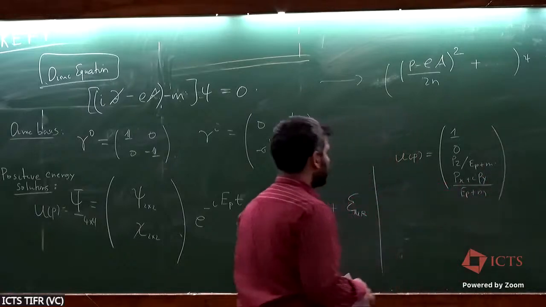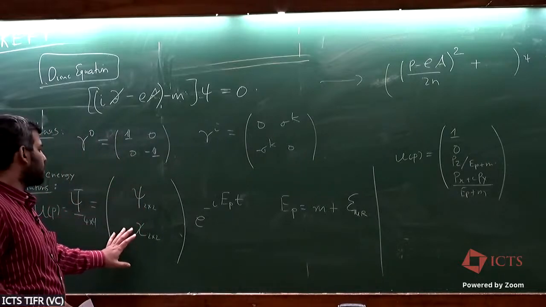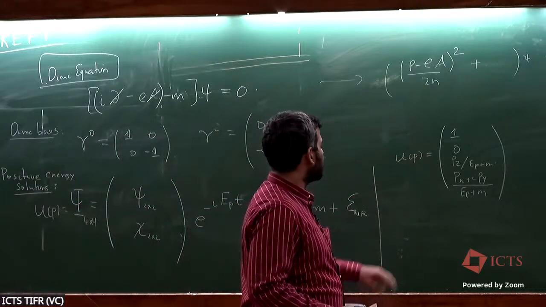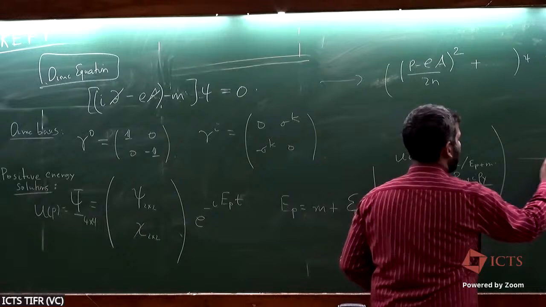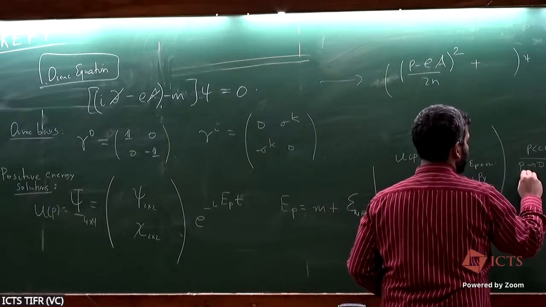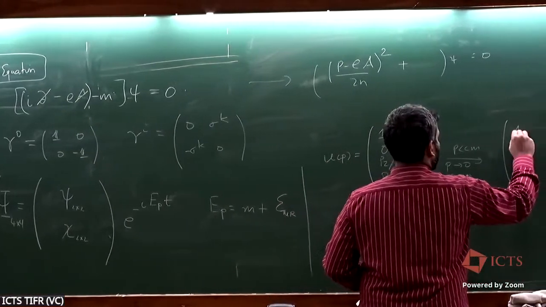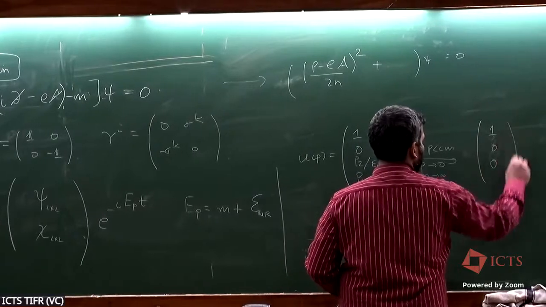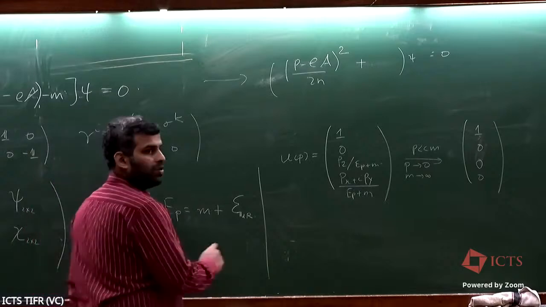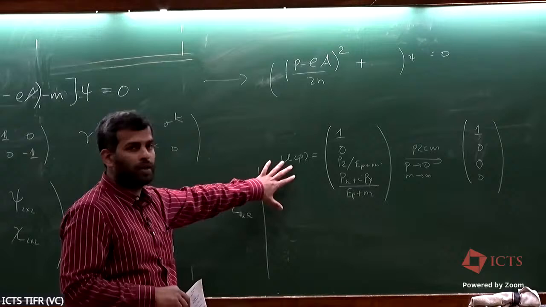The point is to explain why two-component Pauli spinors are appearing. If you take the positive energy solutions, u of p, and take the non-relativistic limit, p much less than m, which in a simple way is taking p tending to 0 and m tending to infinity, what you end up getting is something like 1, 0 and 0, 0 for both the parts. Yes, this is 4 cross 1. This is the Dirac spinor I'm starting with.